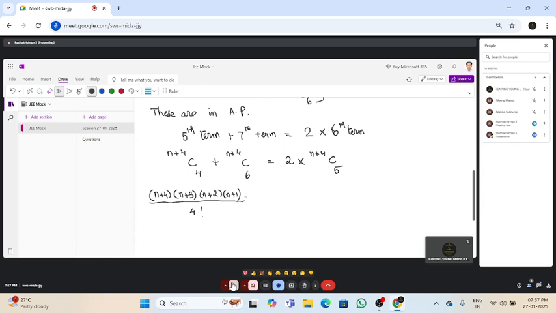So n factorial, n minus r factorial நம்ம கேன்சல் பண்ணும்போது இந்த மாதிரி வரும். So whatever remains is r factorial, which is 4 factorial. சரி, அடுத்தது அதே மாதிரி இது.